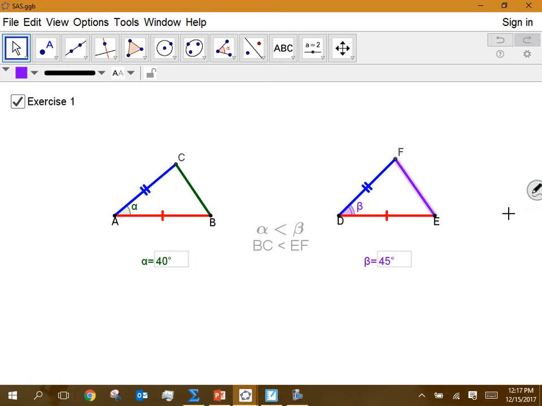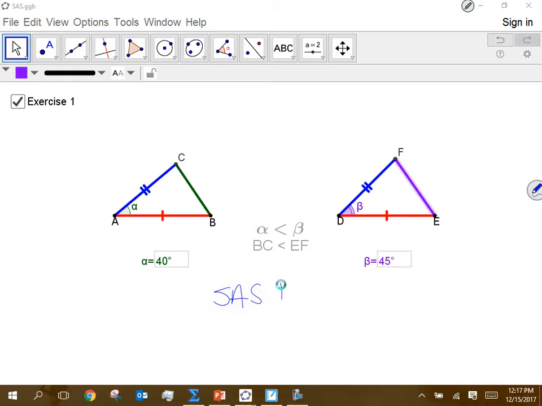That's referred to as the side, angle, side inequality. Let's write that down here. With the side, angle, side inequality, the way this is set up is that we have a side congruent to a side, the blue side congruent to the blue side.